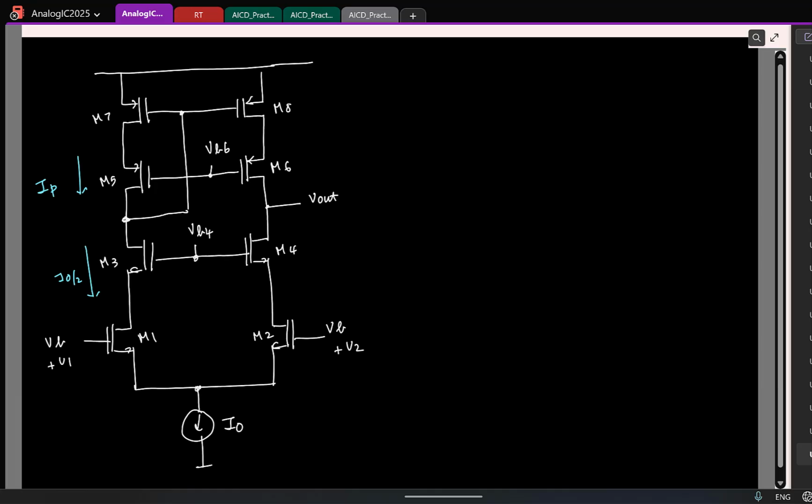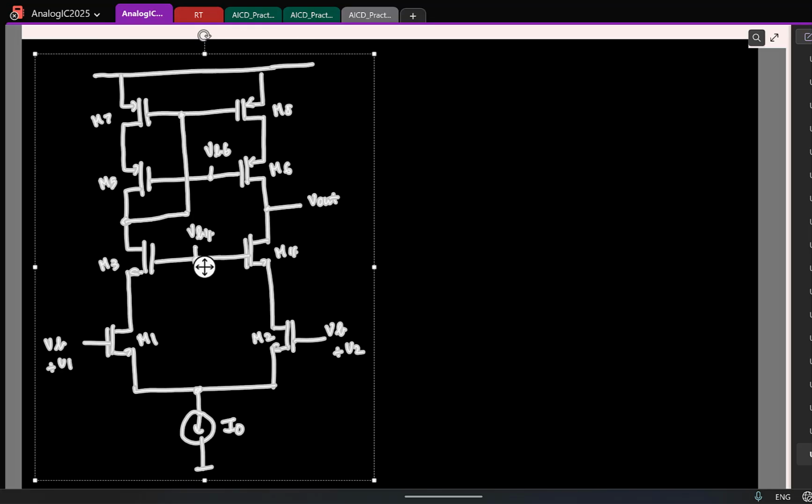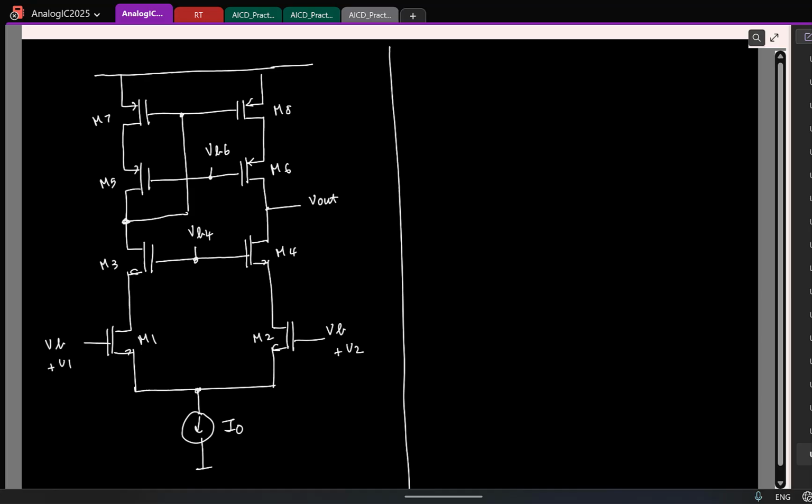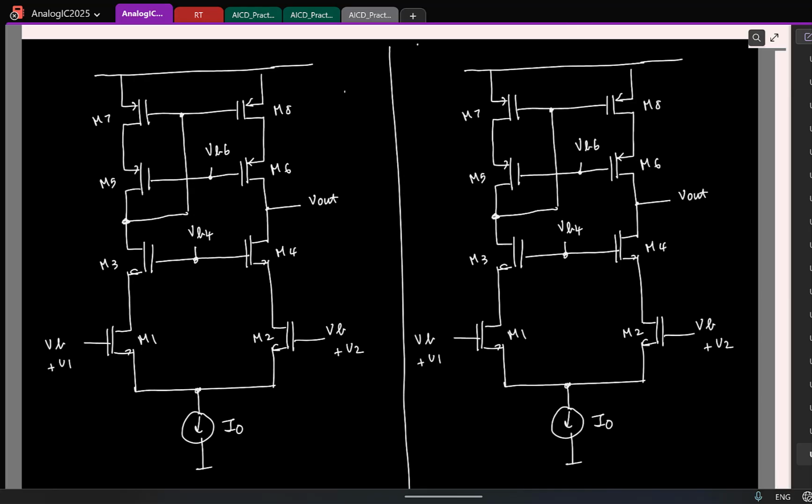Now it turns out this is not the only way to bias it, right? So I'll just show another variant and we'll wrap up. See here, we basically compare this current and this current, correct?